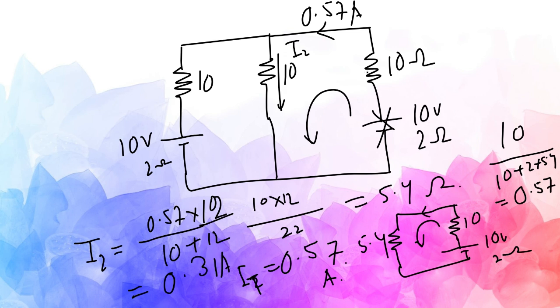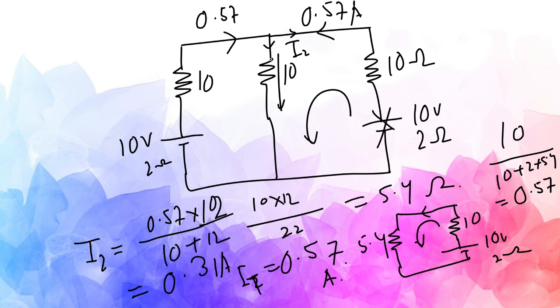It is going to give the same value, because 10 plus 2 is 12, and this is 10, so 10 and 12 in parallel, giving 22 in the denominator. So this is the equivalent resistance, and we get the same value again. The total current is 0.57, and it will flow through both branches.